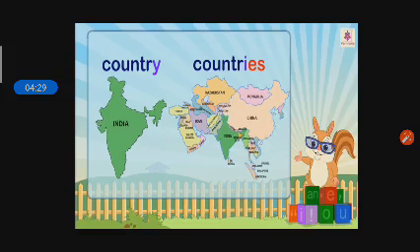Country, countries. This is only one country, India. And these are so many countries you can see on the map. Right? We have to drop Y from the singular noun and we have to add IES to make plural noun. Country, countries. Now see some other examples.